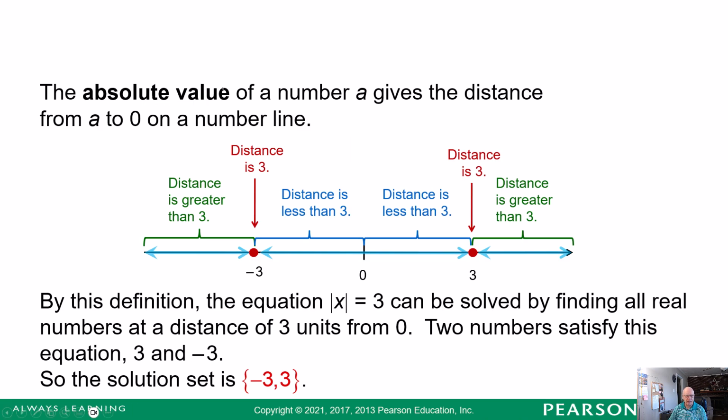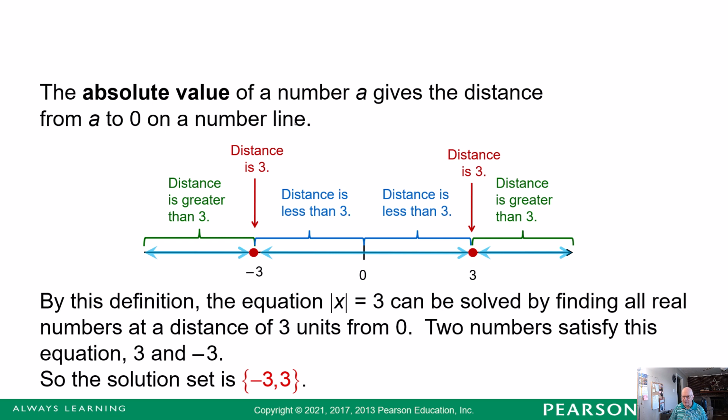First of all, the absolute value, the distance from A to 0 on the number line. Hey, that's not too difficult. Like, what's the distance from here to Greenville? What's the distance from here to Columbia? That's the absolute value. Now, you don't see any negative numbers there.